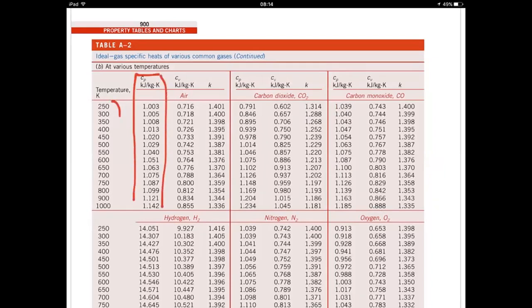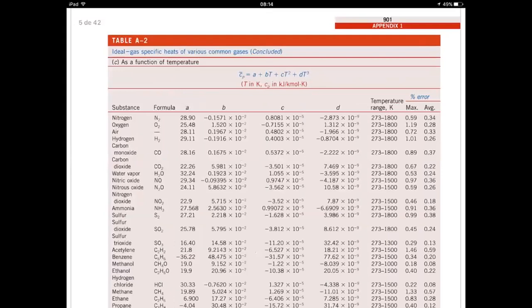For instance, at different temperatures, and this is for different gases: air, carbon dioxide, carbon monoxide, etc. A more complete information is given in this kind of table, where we have Cp. Just take into account that the temperature in this table is in Kelvin, while the Cp is in kilojoule per kilomole Kelvin.